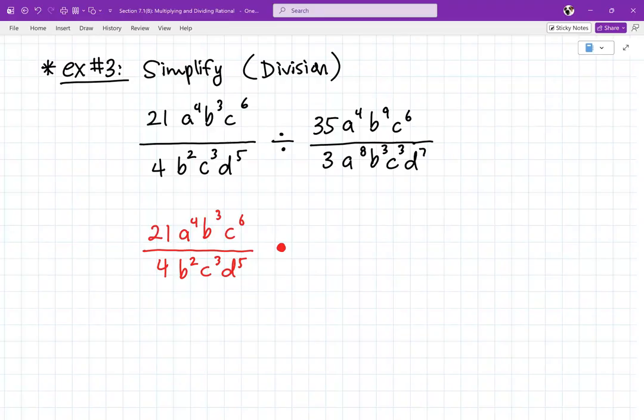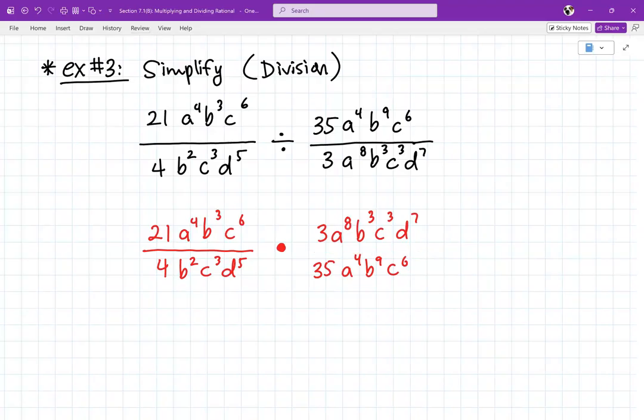And then I'm going to write my other fraction, but flipped. Okay? So times, and here's my fraction bar, 3a to the 8th, b to the 3rd, c to the 3rd, d to the 7th. And on the bottom is going to be 35, a to the 4th, b to the 9th, c to the 6th.